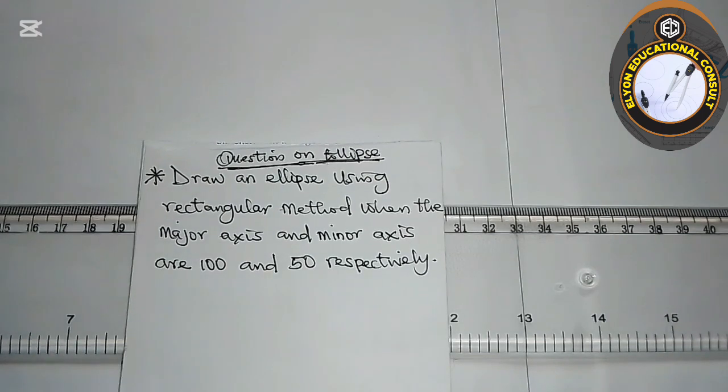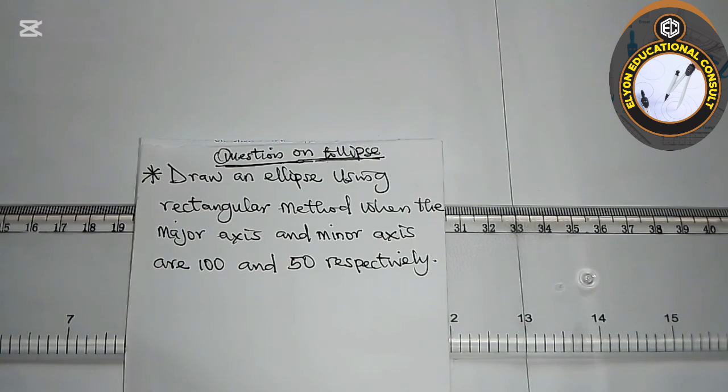and 50 respectively. There are various methods used for drawing ellipse, but for this particular video I'll be using the rectangular method. So you have to stay tuned to this channel, because I'll be drawing ellipse using the various methods that we have.